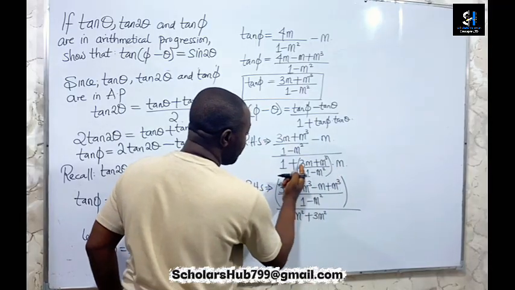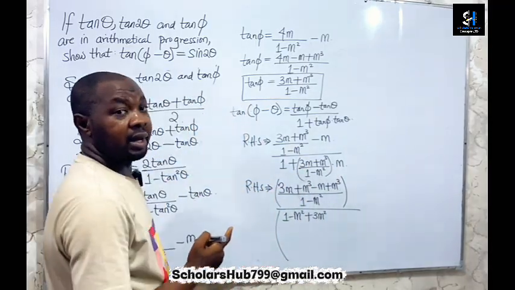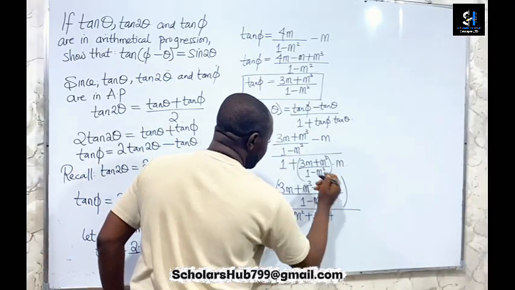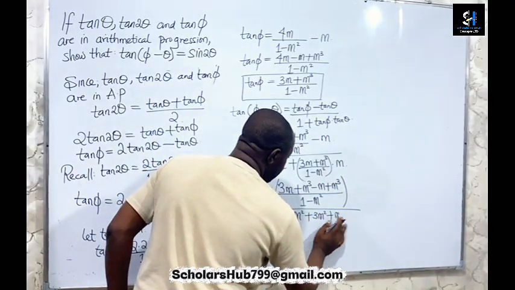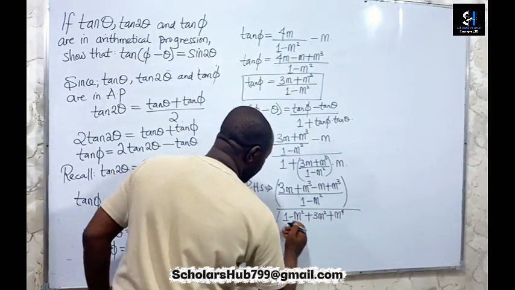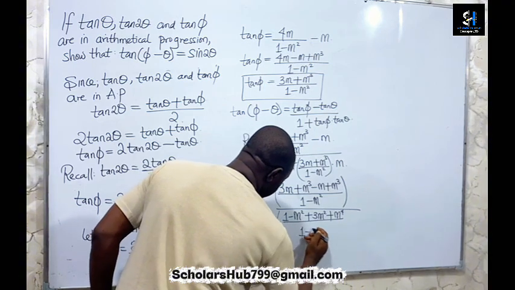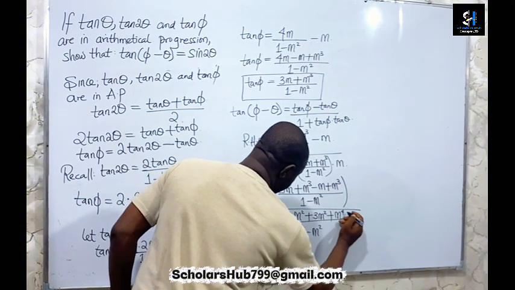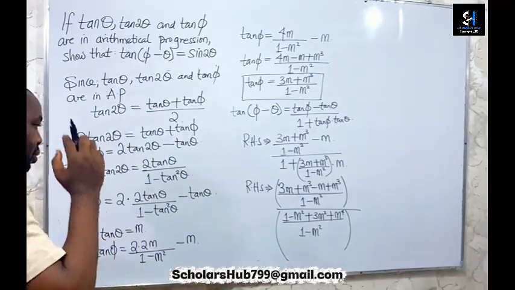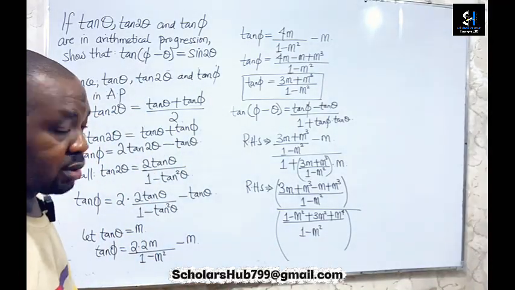This m will only multiply 3m and m cubed. So plus m multiplied by m cubed will be m raised to the power of 4, all over 1 minus m squared.